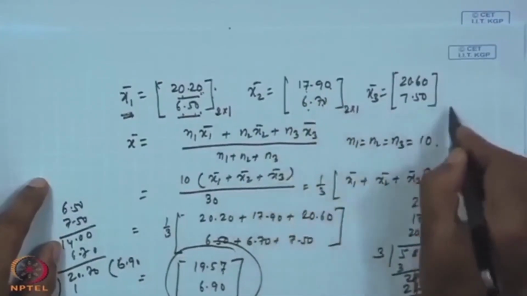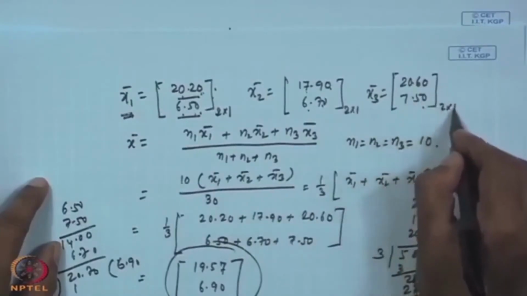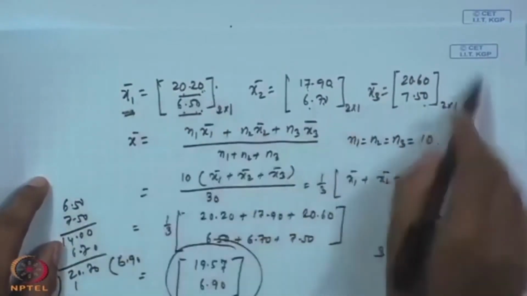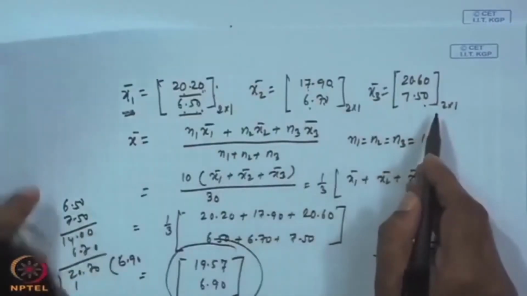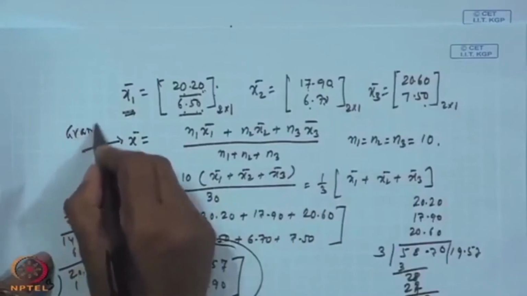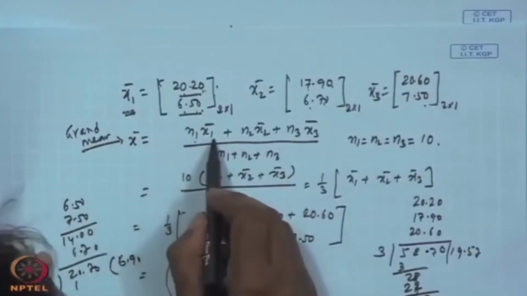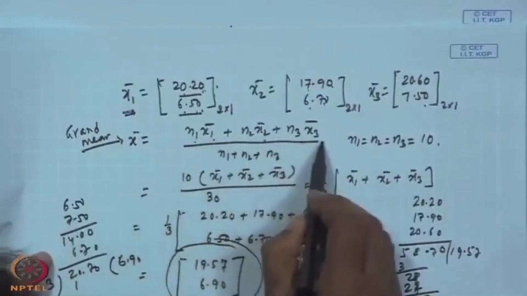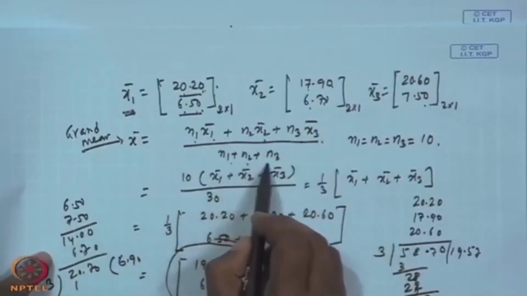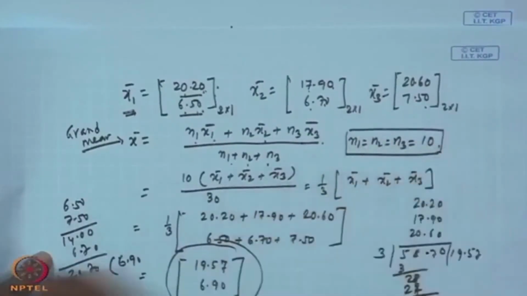This is also 2 cross 1, and x3 is 20.60, 7.50. This is also 2 cross 1. Using these three mean vectors, you have computed the grand mean. The grand mean is n1 x1 bar plus n2 x2 bar plus n3 x3 bar by n1 plus n2 plus n3, and in our case it is the equal sample size case.